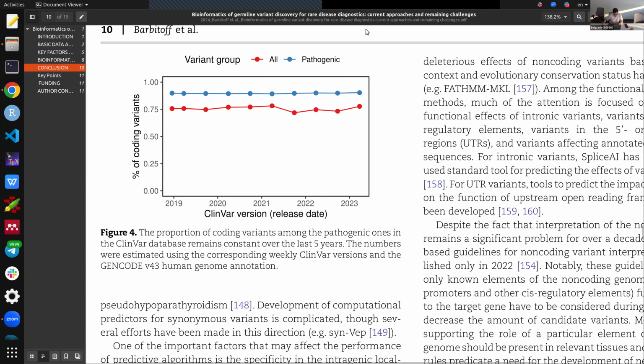So my question is, what is the proportion or the number of cases in which you have seen a diagnosis which can be made using a non-coding variant? Is it common when you see this non-coding variation and you can somehow prove that it's pathogenic, or you didn't have this at all?